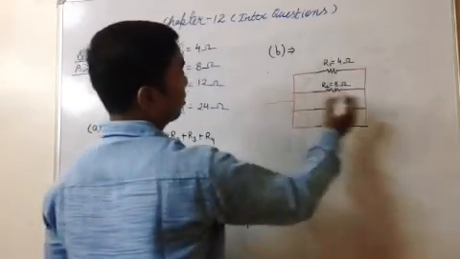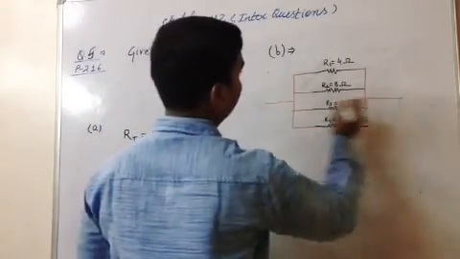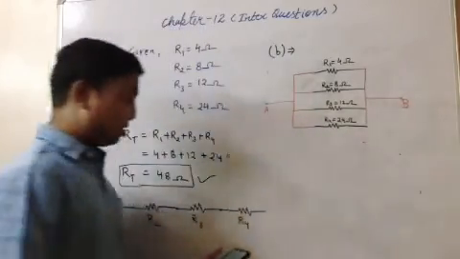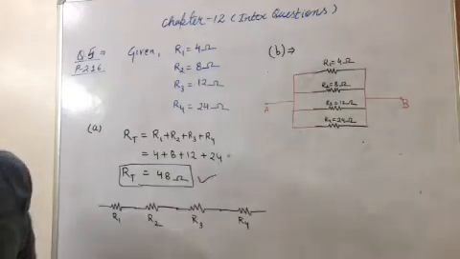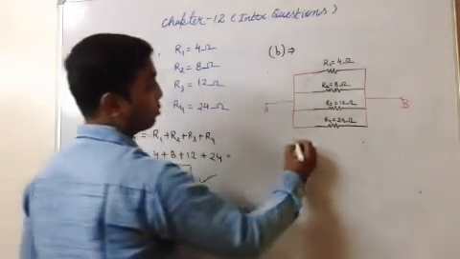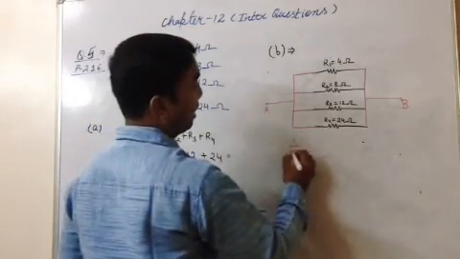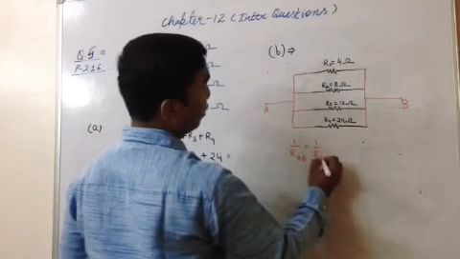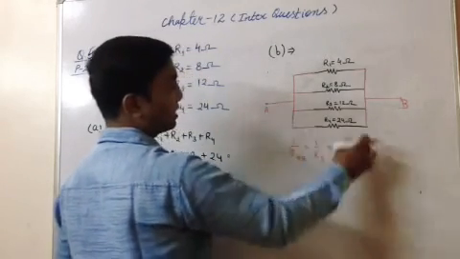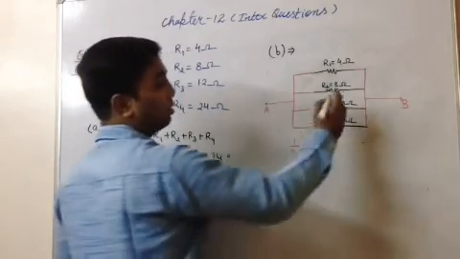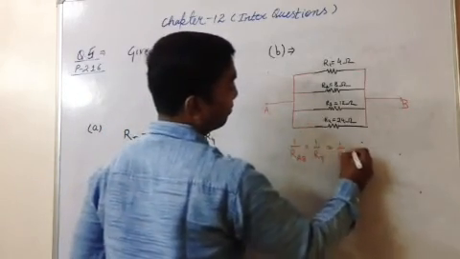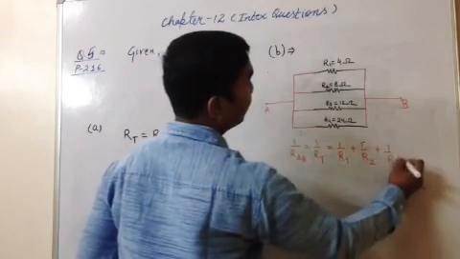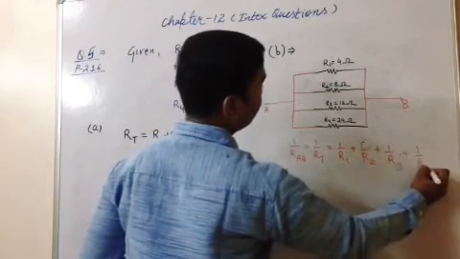That's point A and that's point B. So between point A and B, we can find the equivalent resistance. What's the formula of equivalent resistance in parallel combination? 1 upon RAB equals 1 upon R total, meaning the equivalent resistance between A and B, so this would be 1 upon R1 plus 1 upon R2 plus 1 upon R3 plus 1 upon R4.